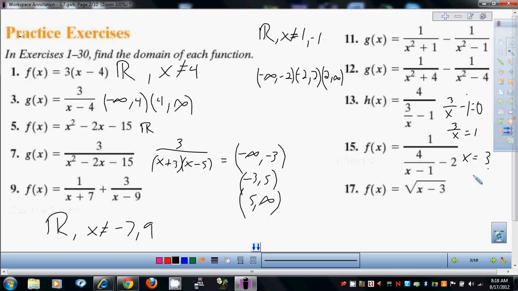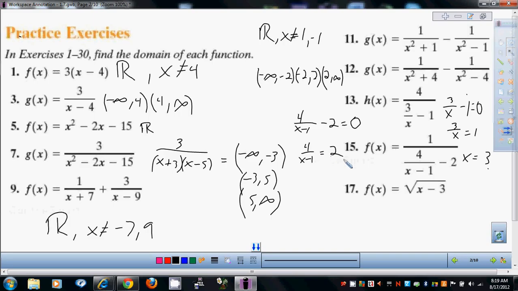That's awesome. If you're not seeing where they're getting this, just set the whole denominator equal to 0. So it'd be 4 over x minus 1 minus 2 equals 0. And that's how they came up with the 3.